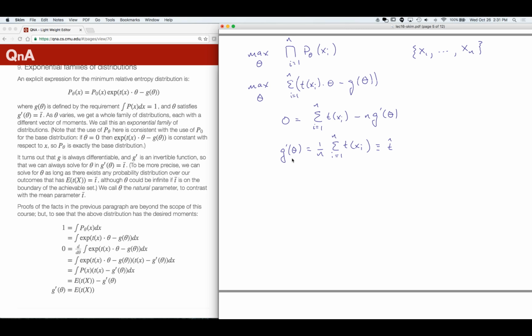And if we do maximum likelihood, it turns out that the recipe for maximum likelihood just says pick our parameter so that the predicted mean, g prime of theta, is the same as the observed mean, the average of t of xi for all i. So that's kind of nice. It means that we can do maximum likelihood just as easily as we can specify one of the distributions in the first place.